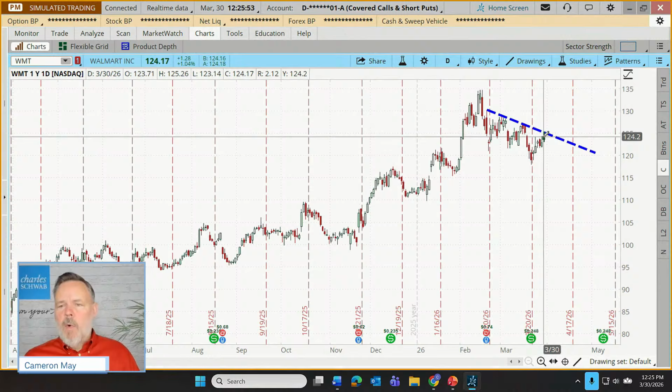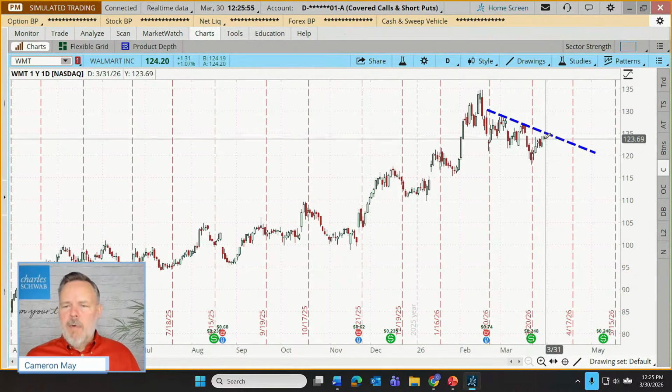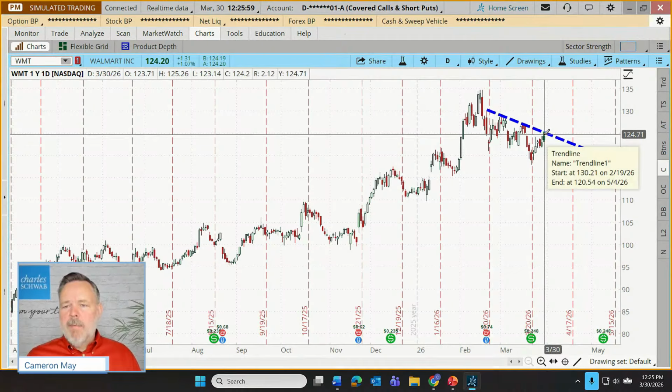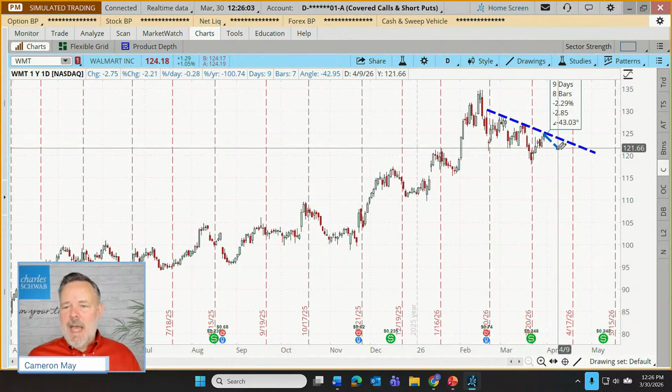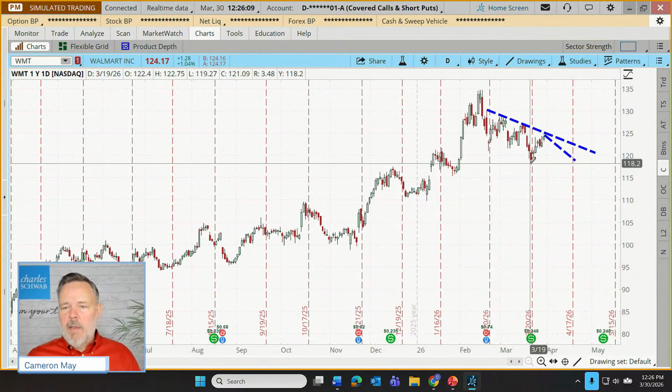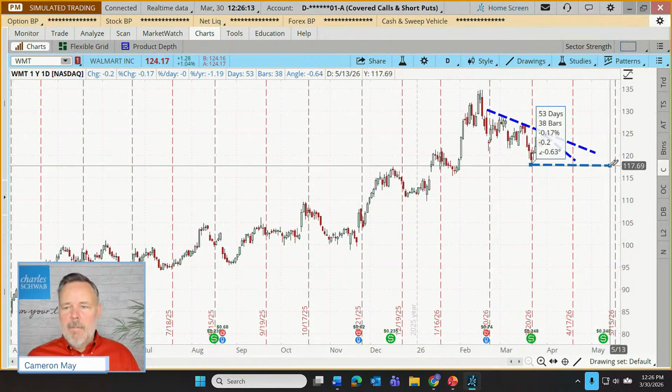But why would a trader do this at this point? Well, they might see that our stock has come up and may be running into a price ceiling. And if it comes down and they get assigned at a lower level, let's say maybe 120, or how low did we get right there? Looks like we got down to 118.